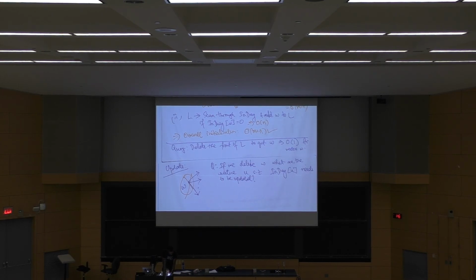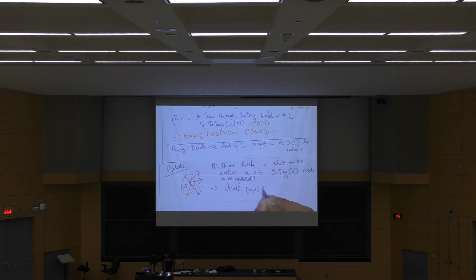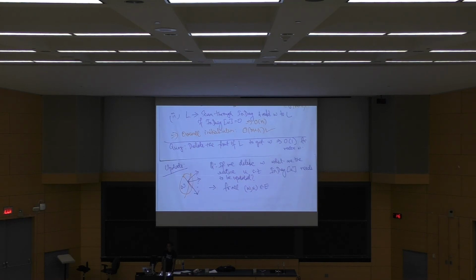So here's how we do it. For all outgoing edges, all we need to do is decrement the in degree of all the outgoing neighbors. Right?